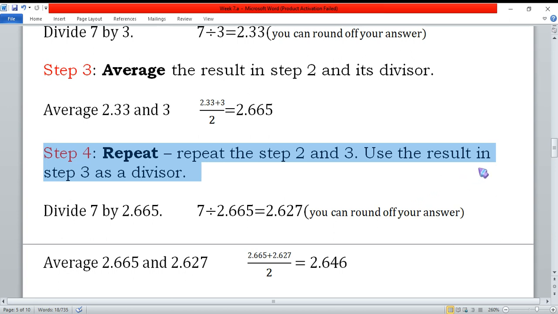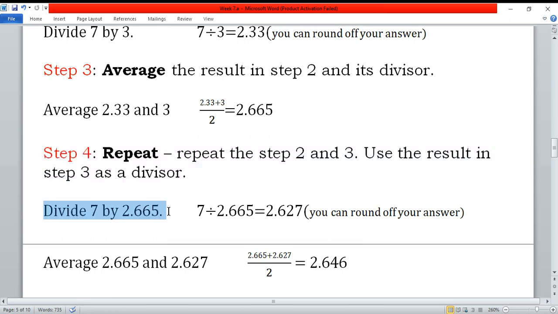Kaya kung titignan nyo rito, so 7, ito yung given radicand, divide by 2.665 thousandths.